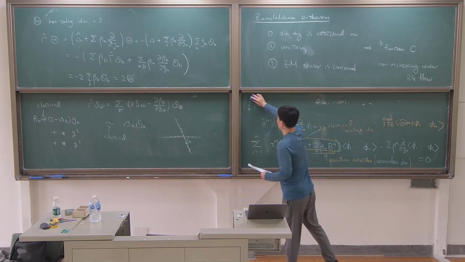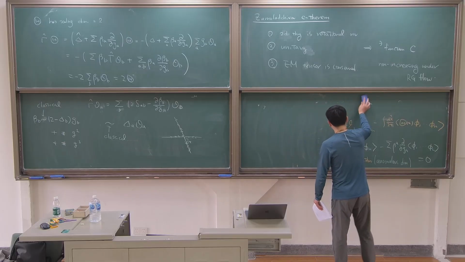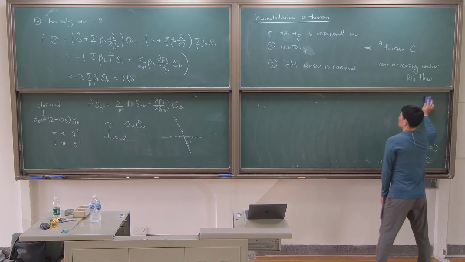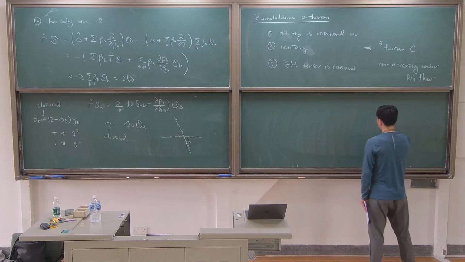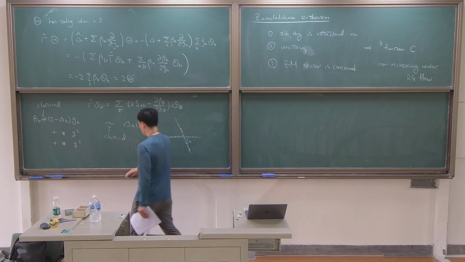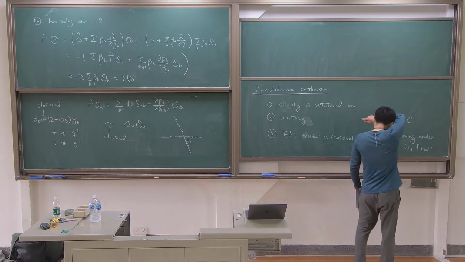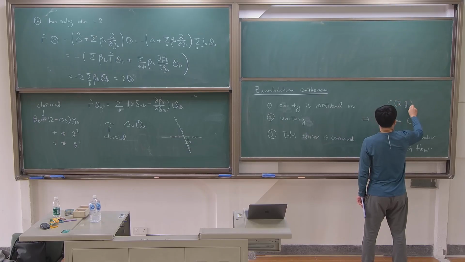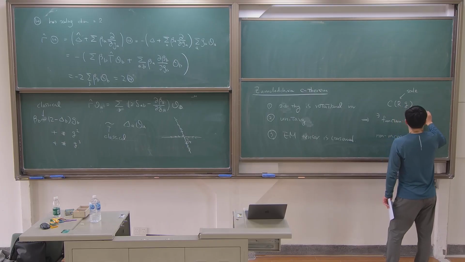Moreover, this C function depends on the scale R and also on coupling constants g and so on. This is the scale or energy scale of the theory, and this is the coupling constant.